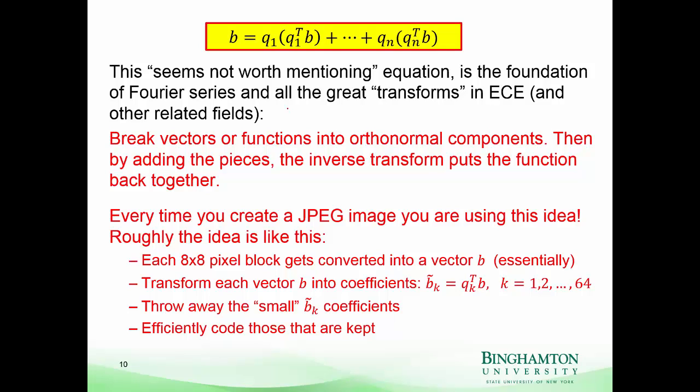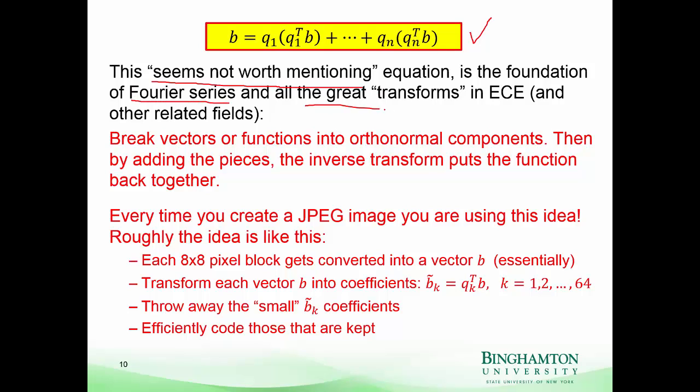So the book says that this equation here that I've rewritten seems not worth mentioning, but it's really the foundation of something called Fourier Series and a bunch of things related to that.